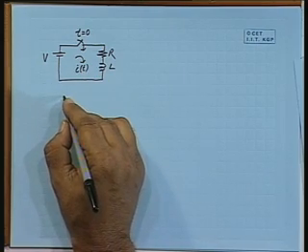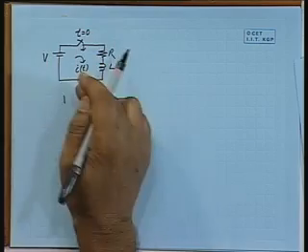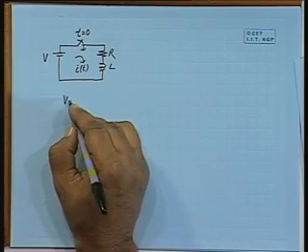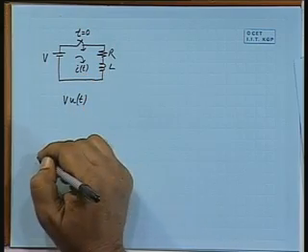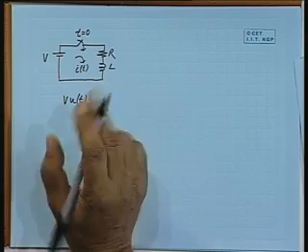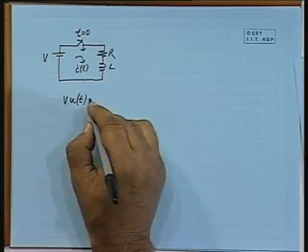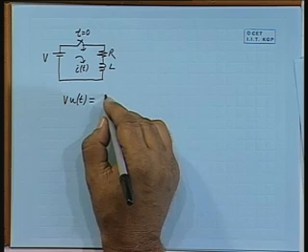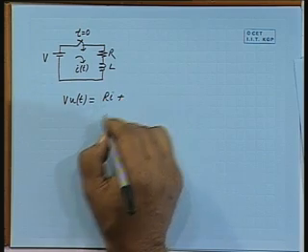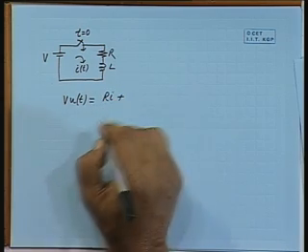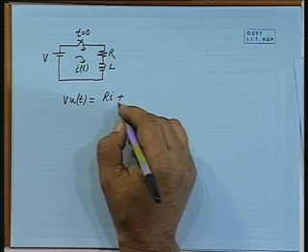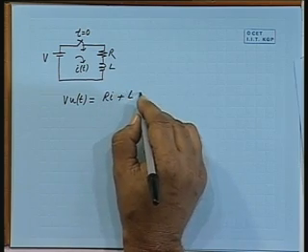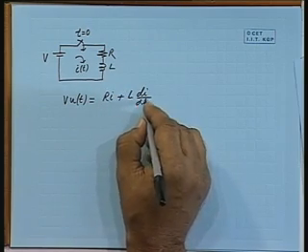We write V, you are suddenly switching on, so it will be V u(t). V is the magnitude of voltage, you are applying a step voltage, and if i is the current, then it is R i, I am not writing i(t), it is understood i is a time varying quantity, plus L di by dt.